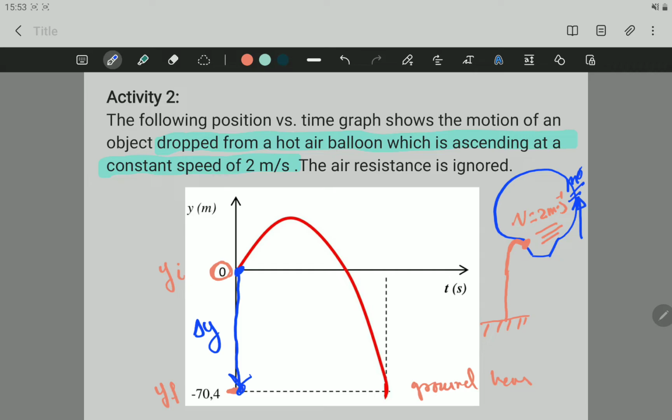We can see that it's negative, therefore down was taken as negative and up was taken as positive in this question. So the object moved up a little bit first because it is in the hot air balloon. As the balloon moves up, so does the object. So we understand what is going on in the question.